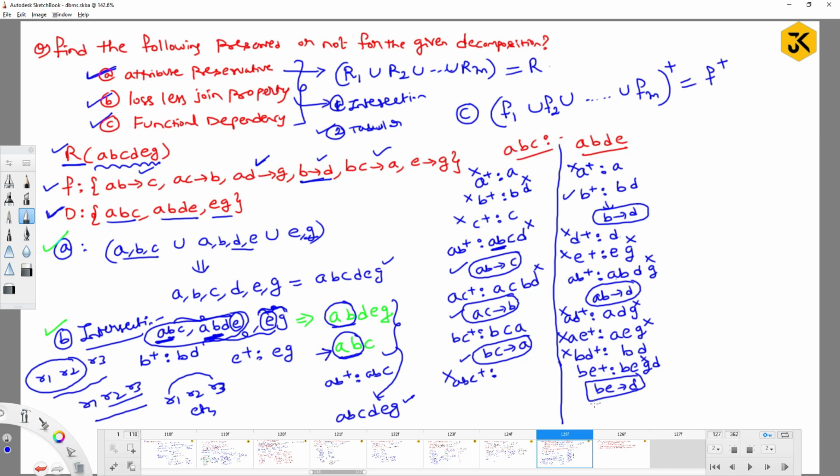Similarly, you have to go with DE closure. Guys, I am trying to check for all, right? AB, AD, AE. Similarly, BD, BE, and I am trying to do it for DE now. If you find the DE closure, you are going to get DE, from E I can get G. Any other things possible?